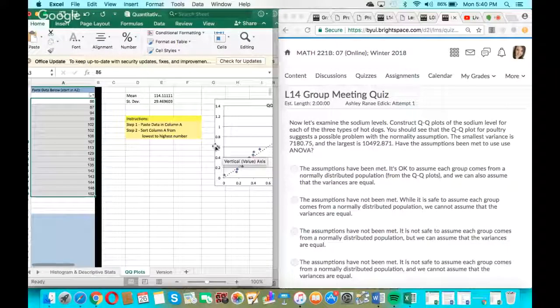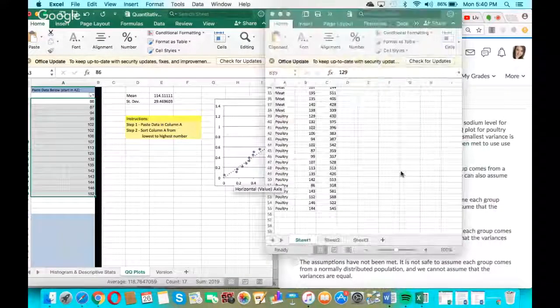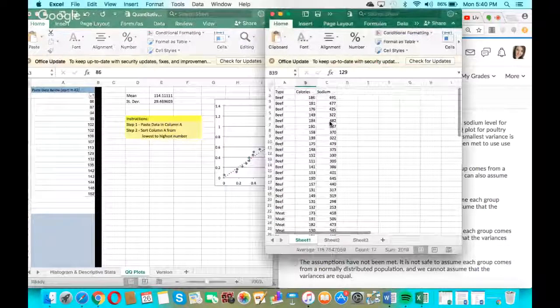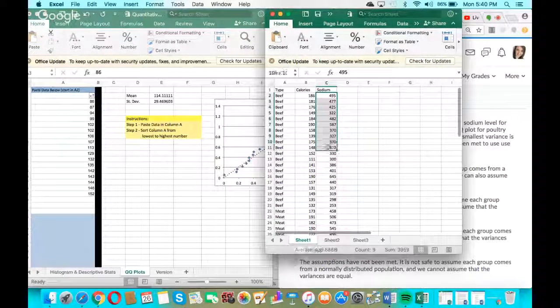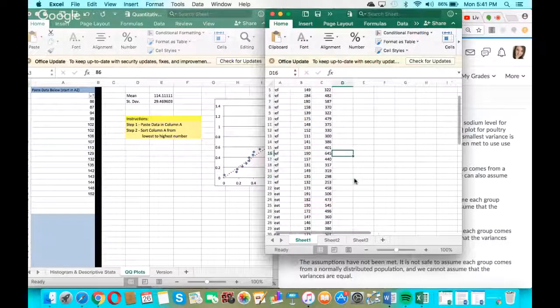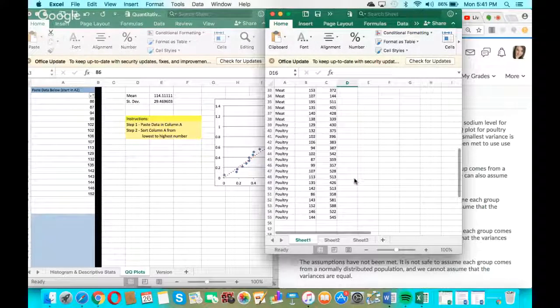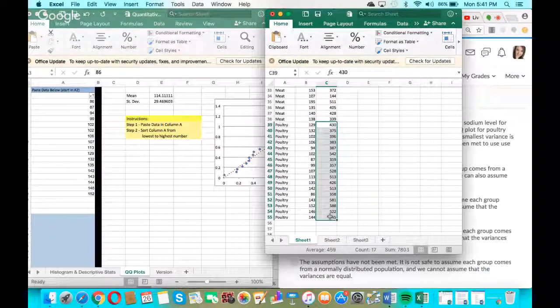Okay, let's just do it. For the sodium. For the sodium on the poultry. Well, it says each of the 3, but why is it just talking about the poultry? You know, that's a great question.